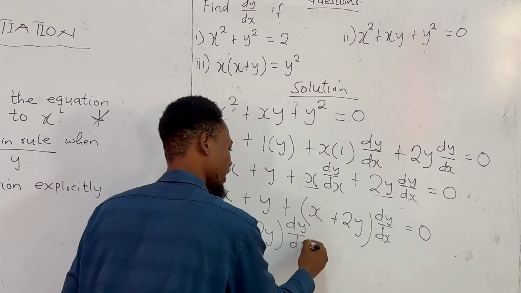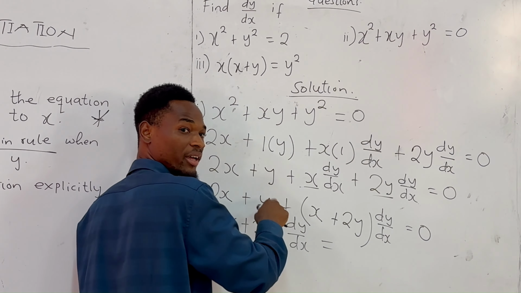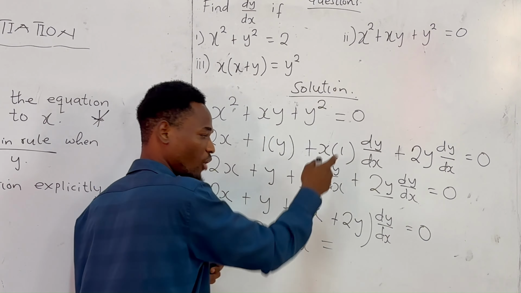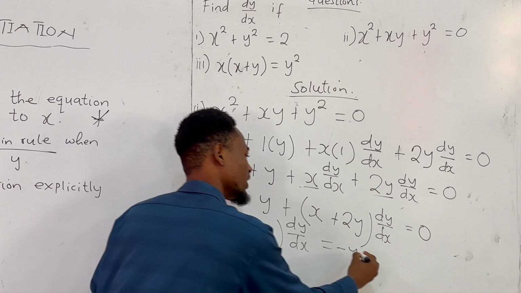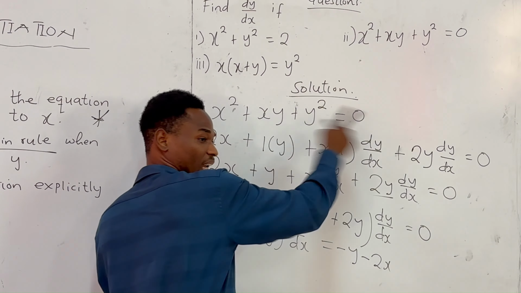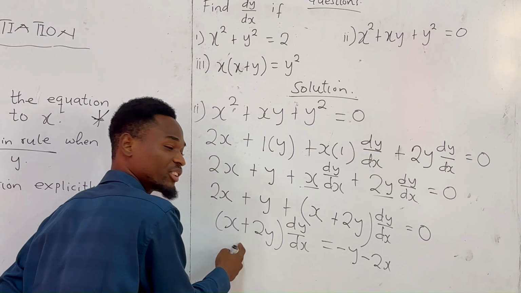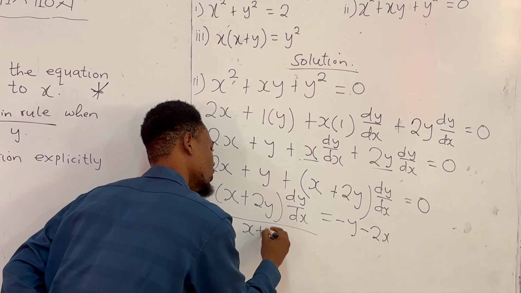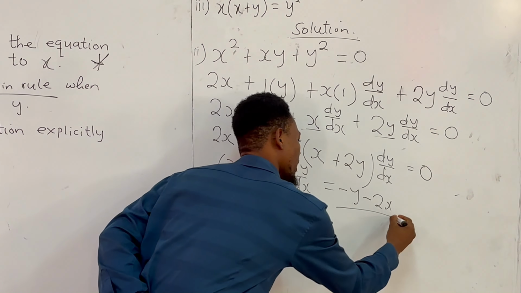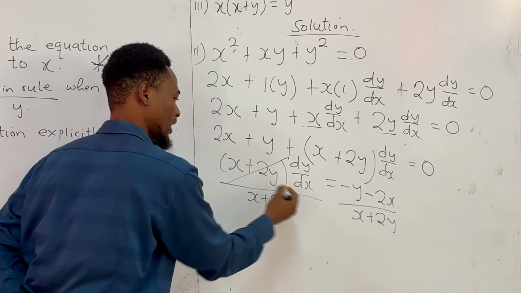over my dx is equal to, then if I transpose positive y, I'll get negative y. If I transpose this, I'll get negative 2x on the other side. Then I'll divide both sides by the coefficient of dy/dx, which is x plus 2y. So this cancels this.